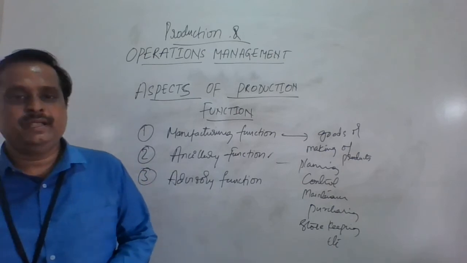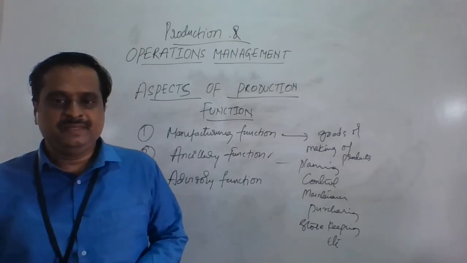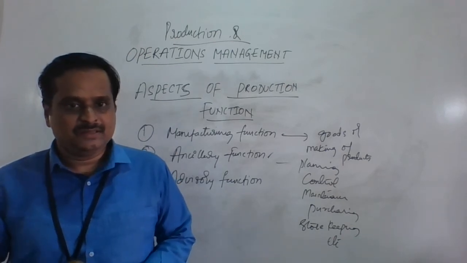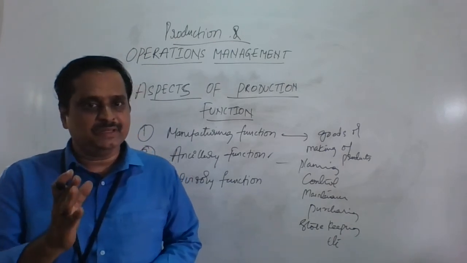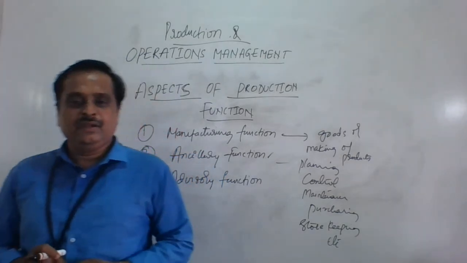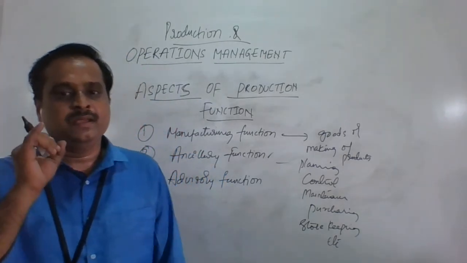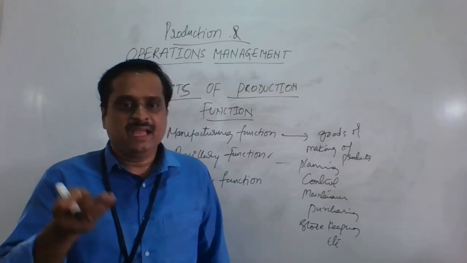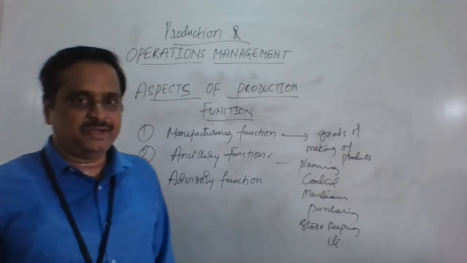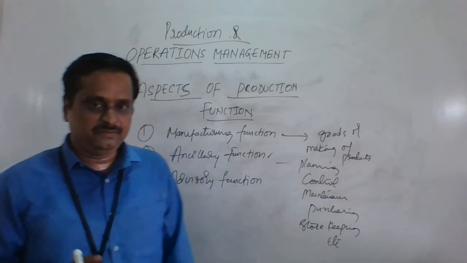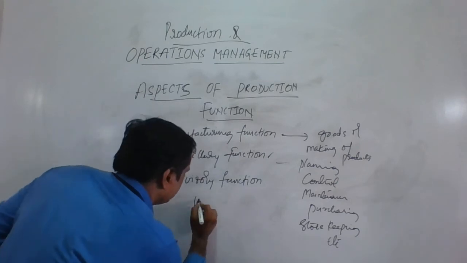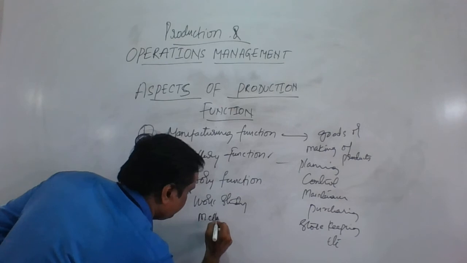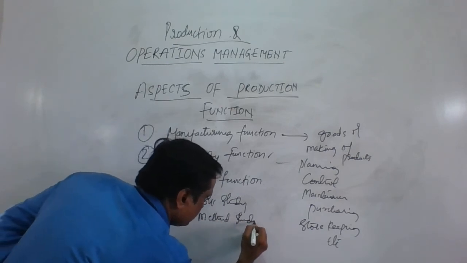And the final point is the advisory function. This function helps in improving the production function. It includes work study, method study, time study, operations research, inspection and quality control.